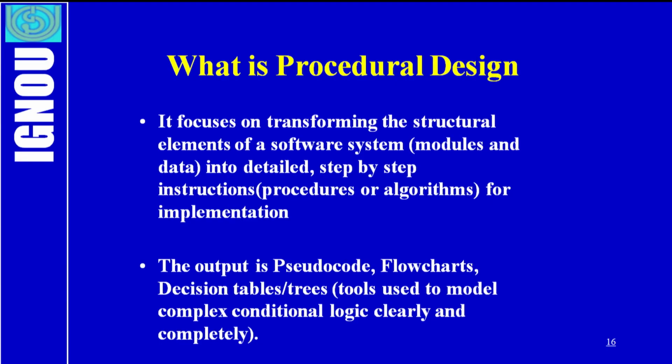So let us see what is procedural design. It focuses on transforming the structural elements of a software system, such as modules and data, into detailed step-by-step instructions, that is procedures or algorithms for implementation. The output is pseudocode, flowcharts, decision tables or trees, the tools that are used to model complex conditional logic clearly and completely.